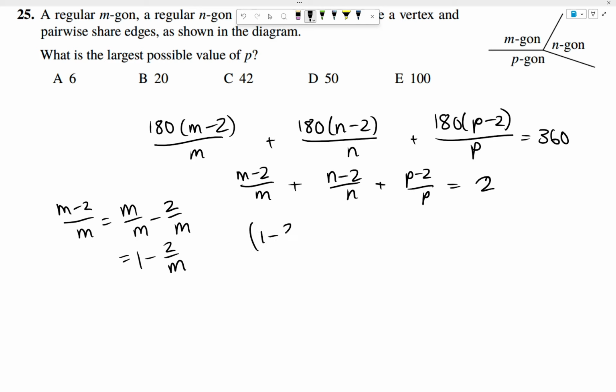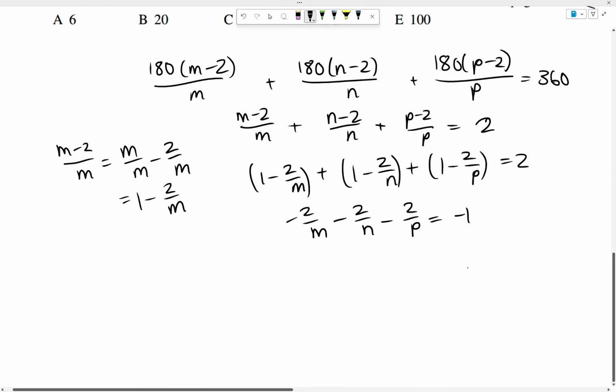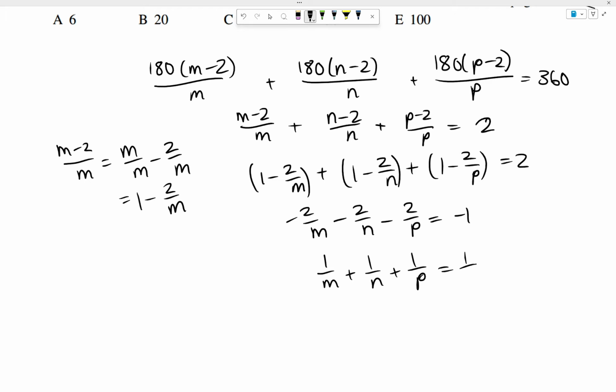So we'll get 1 minus 2 over m plus 1 minus 2 over n plus 1 minus 2 over p is equal to 2. And then this gives minus 2 over m minus 2 over n minus 2 over p is equal to minus 1, and therefore 1 over m plus 1 over n plus 1 over p is equal to a half.